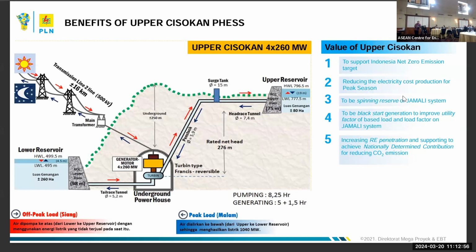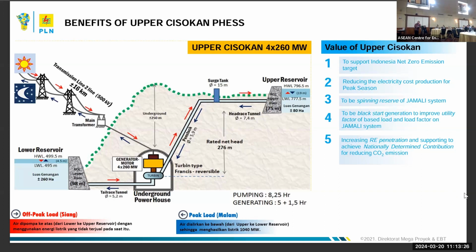What is the benefit of this project for Indonesia? The first is to support, of course, Indonesia's net zero emission target, and we also hope the project can reduce the electricity production cost for the peak season in the Jawa Madura Bali system. Number 3 is the function as spinning reserve.